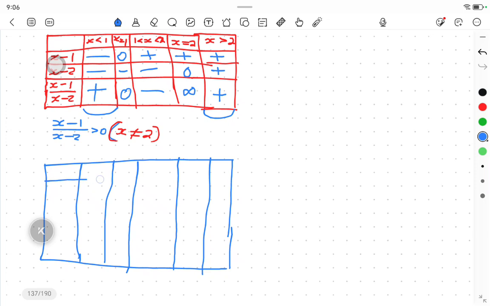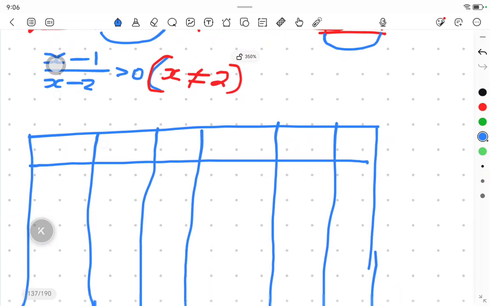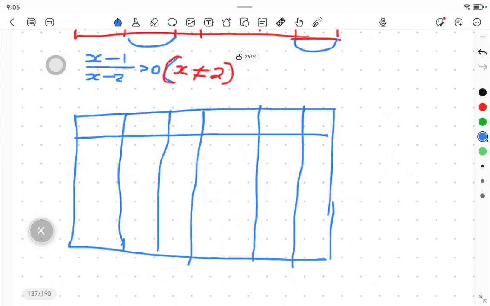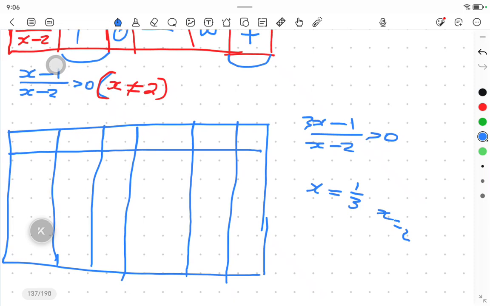Since the second one says 3x minus 1 over x minus 2 is greater than 0, the critical values are x equals 1 over 3 and also x equals 2, right? And remember here we need to specify that condition where x is not equal to 2.